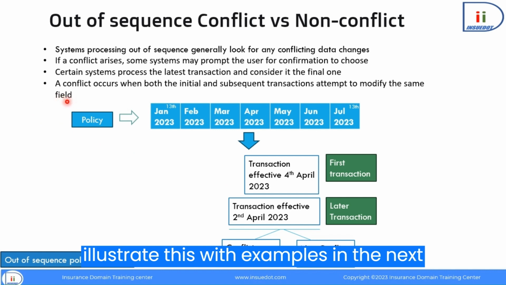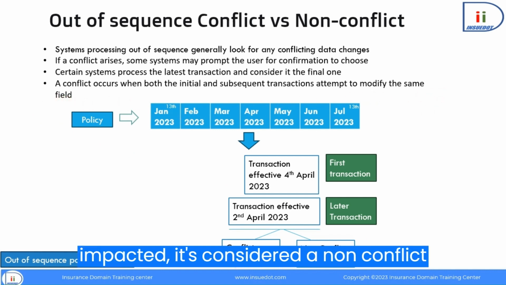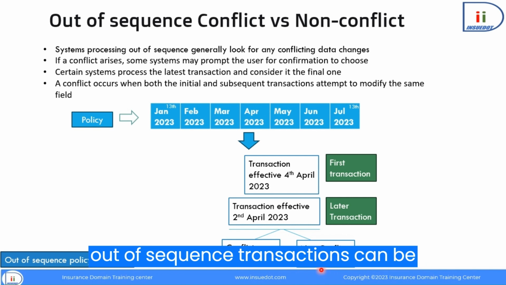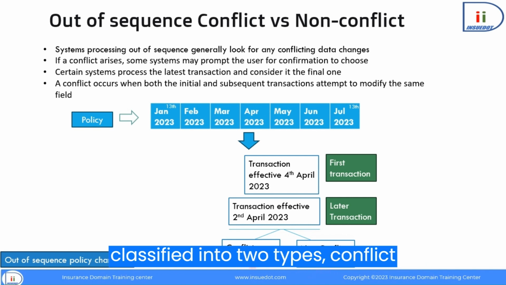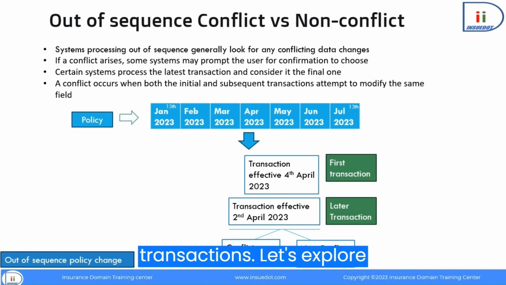We'll illustrate this with examples in the next slide. If the same field is not impacted, it's considered a non-conflict transaction. Therefore, out-of-sequence transactions can be classified into two types: conflict transactions and non-conflict transactions. Let's explore a scenario in the next slide.